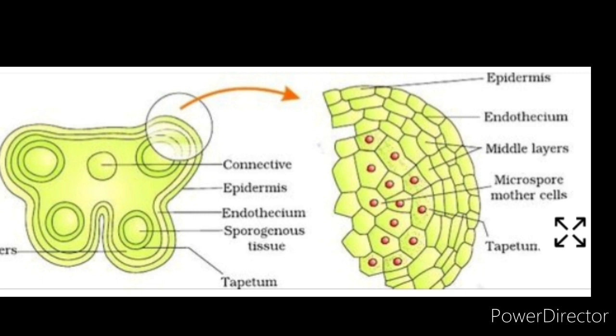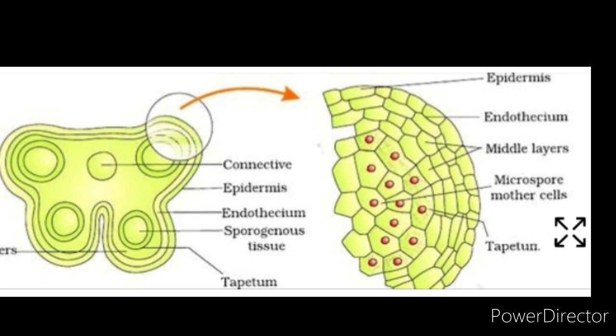These cells are hygroscopic, water absorbing. When they lose water, they contract and cause dehiscence of the anther for the release of pollen grains.